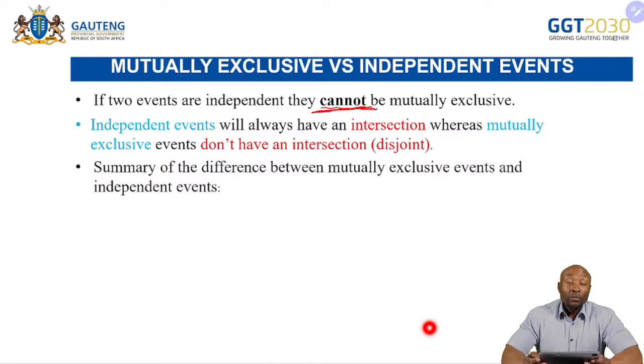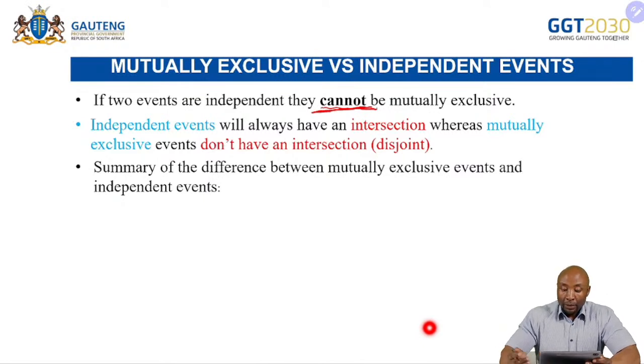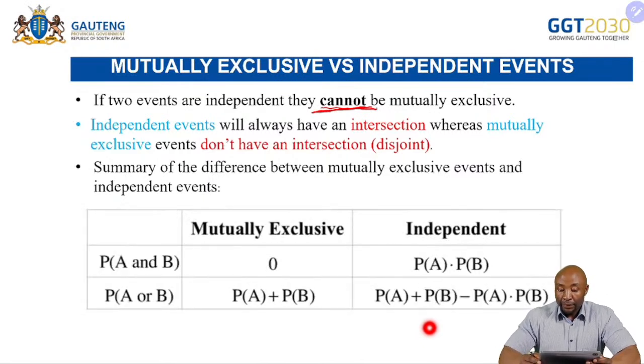Independent events will always have an intersection, whereas mutually exclusive events do not have an intersection, they are disjoint. So there is no 'and' for mutually exclusive events. I can summarize the differences in the table below.